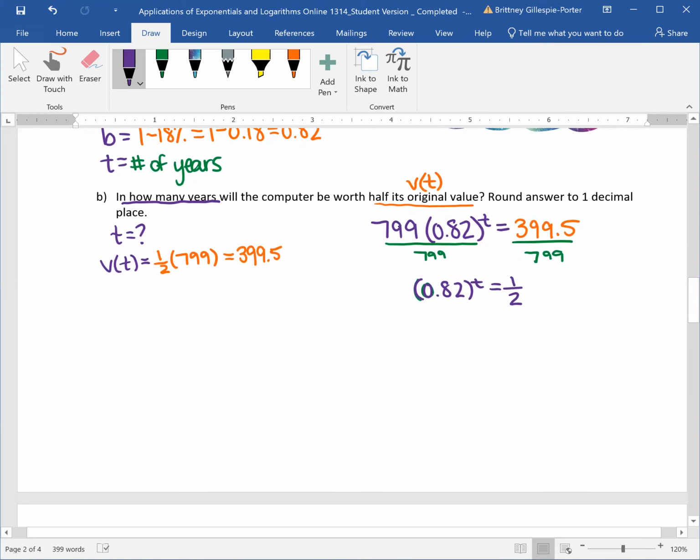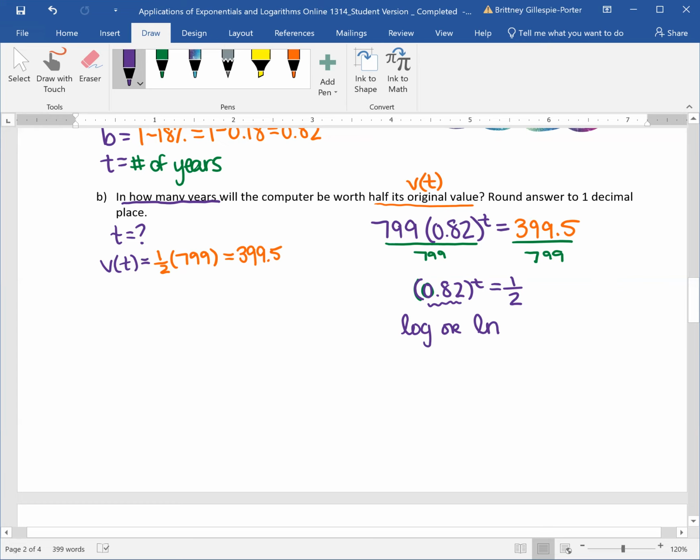And to get that exponent down front, because we cannot rewrite 0.82 and 1/2 to have the same base raised to a power, we need to use a log. Because our base is 0.82, you have two options. You can either use log or natural log. Either one is fine. If it was base 10, we would use common log.